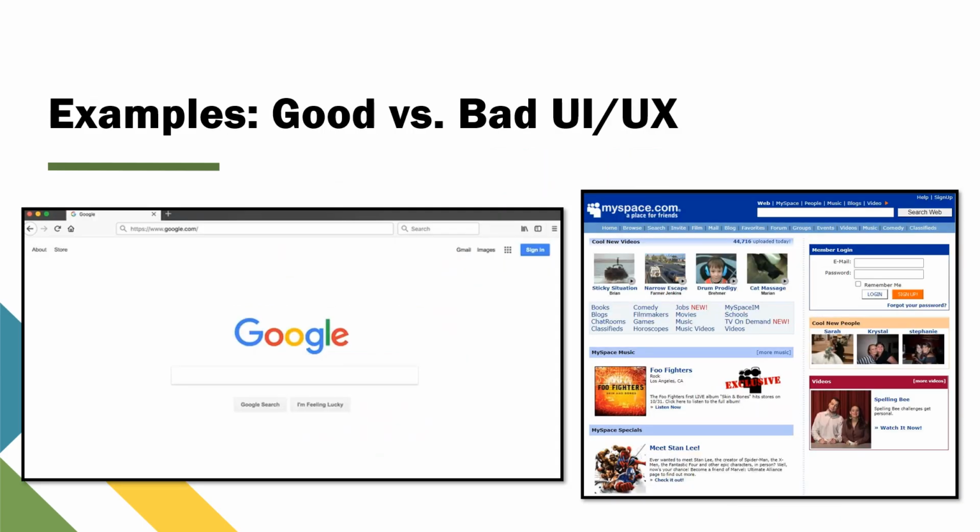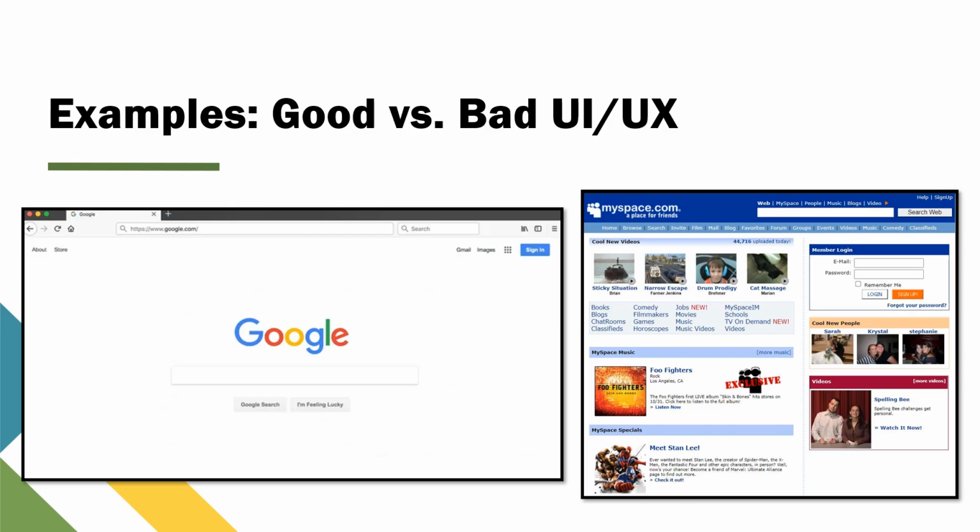As an example of good versus bad UI and UX, look at Google's search engine. It's simple, clean, and functional. Users instantly know what to do.